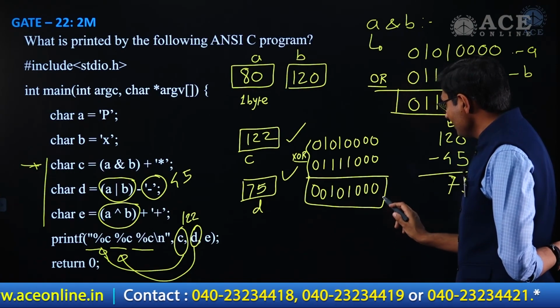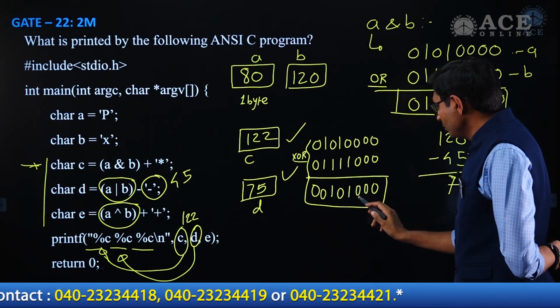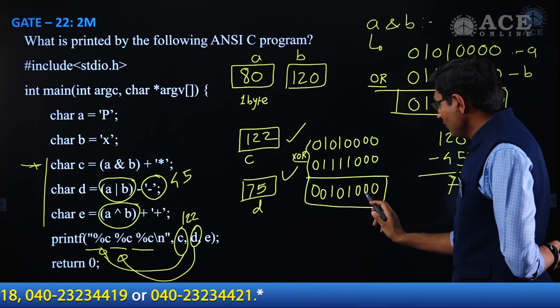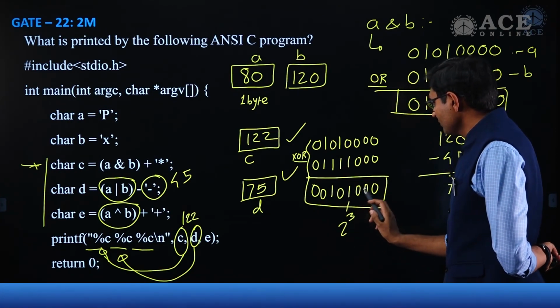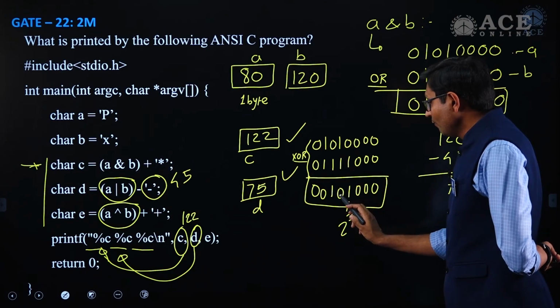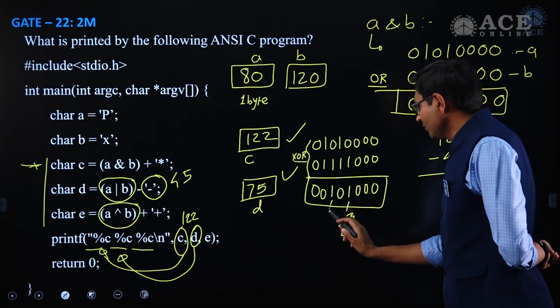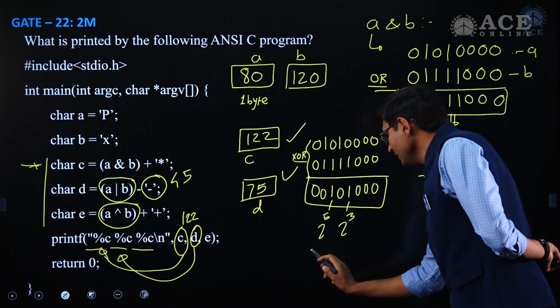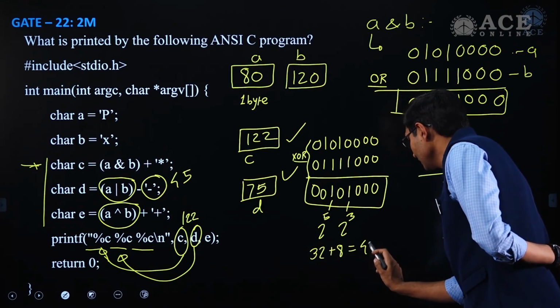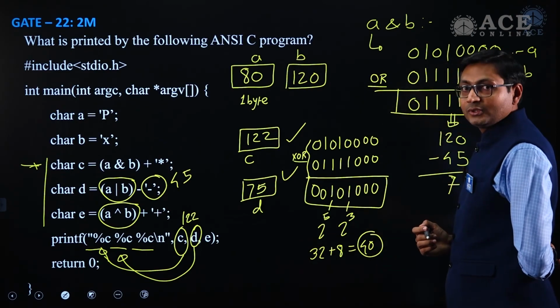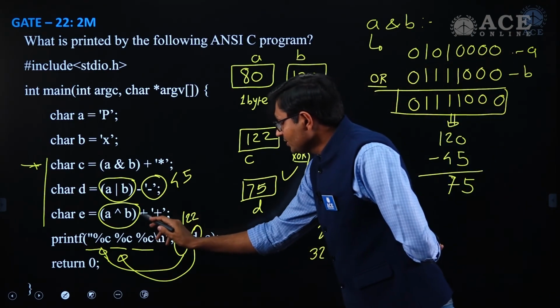And what is the binary equivalent? 0, 1, 2, 3. 2 raised to power 3, and 0, 1, 2, 3, 4, 5, 2 raised to power 5. That is 32 plus 8, 40. So the first expression is 40.